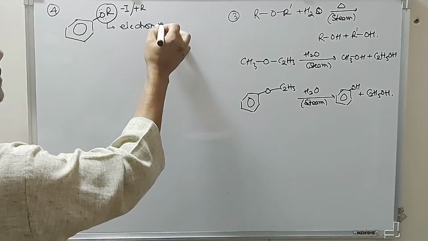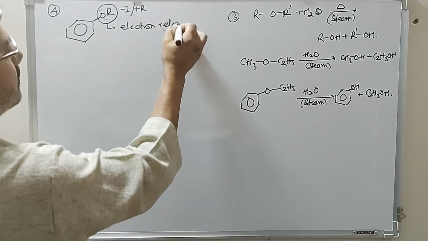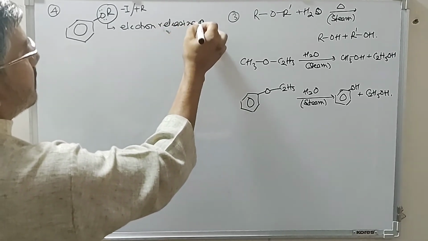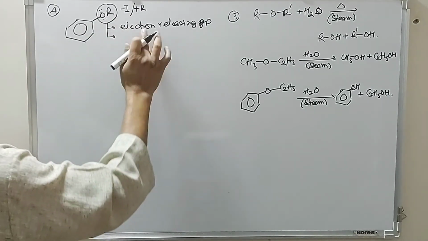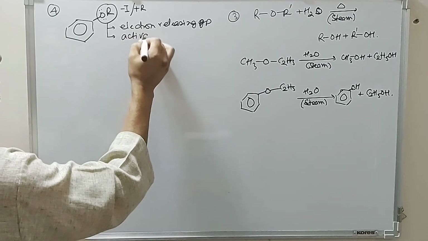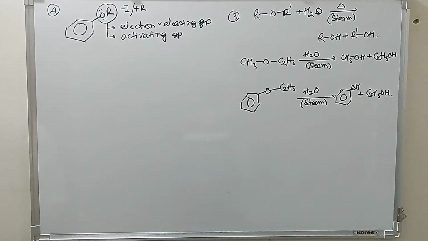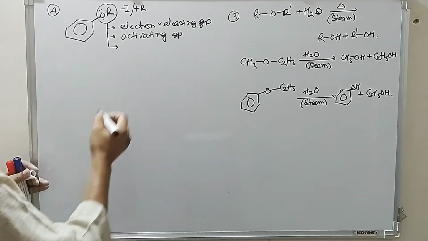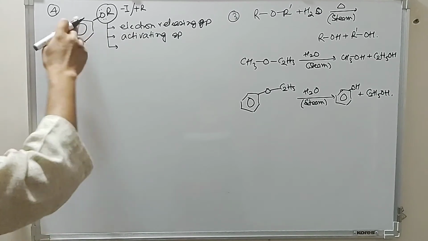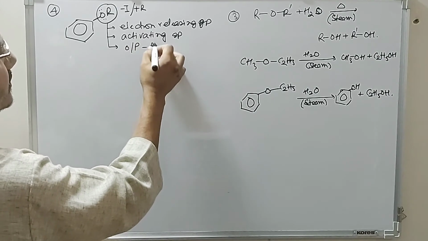So this is an electron releasing group, and we say OR is an activating group. Activating group means which increases the reactivity of the ring towards substitution by increasing electron density. Whenever we have an activating group, electron density at ortho and para position is increased, so we say this is ortho para directing.